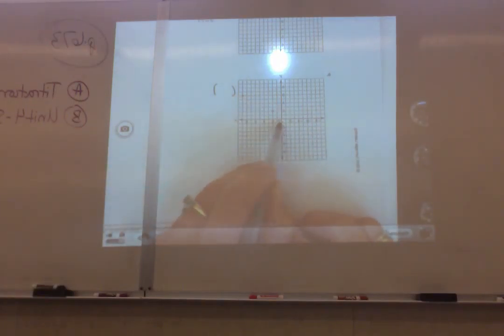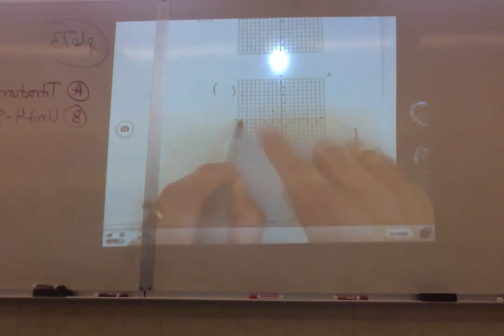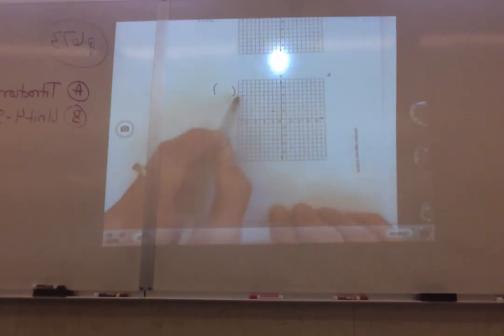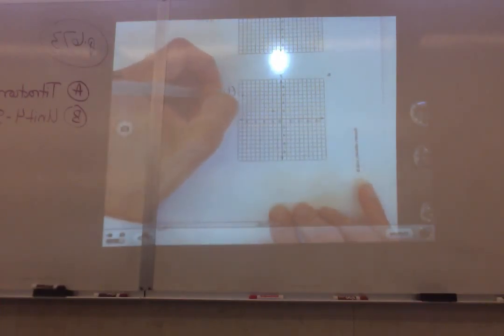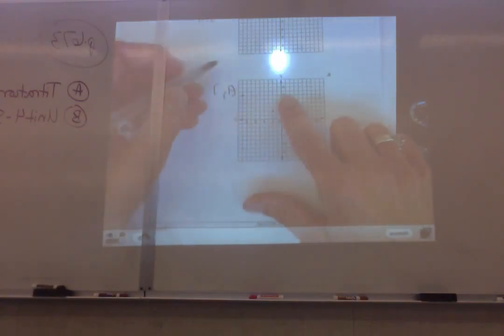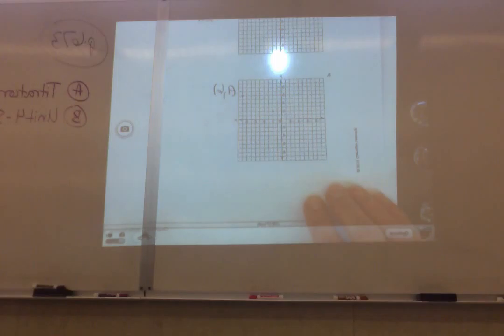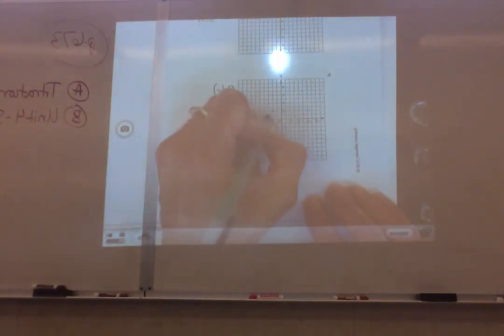You start with the x first. How many over? This is 1 box after 8, and I can see these are going by 2, so that must be 9. And then how many up? I can see across it, that is 6 up. That's one of my coordinates, or ordered pairs.